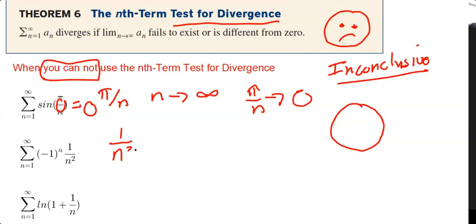Divergence. Okay. Now, Nikki, 1 over n squared. What does 1 over n squared do as n goes to infinity? 0. It approaches 0, doesn't it? Okay, so these terms here are getting smaller and smaller and smaller, aren't they? They're approaching 0. And Ben, what does this little -1 to the n do? It alternates between 1 and -1. Right, so my terms are not just bouncing between -1 and +1, but the signs are, aren't they?